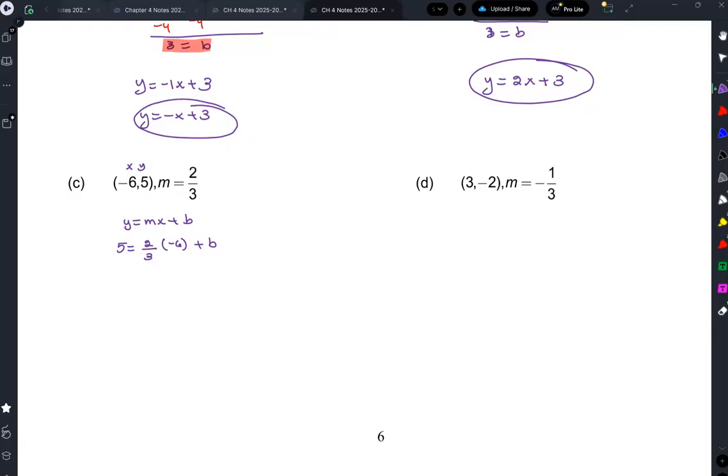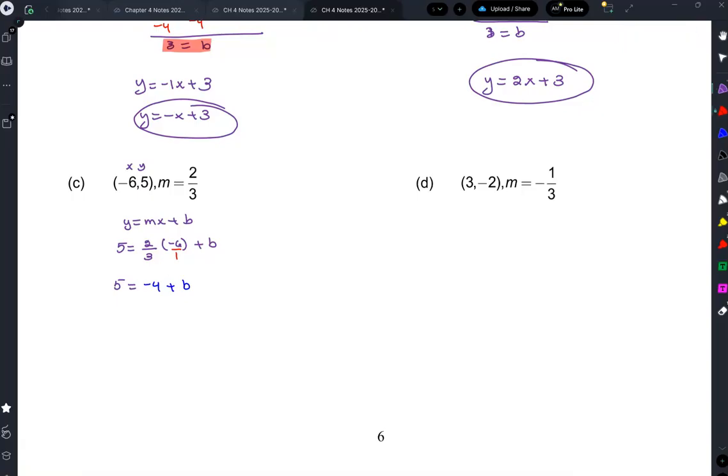Now I'm going to go slow. 5 equals, so here, this is over 1, right? So negative 12 over 3, that's how much? Negative 4. Plus b. Now what do I do? Okay, good.